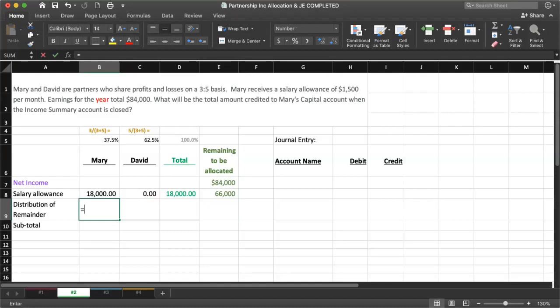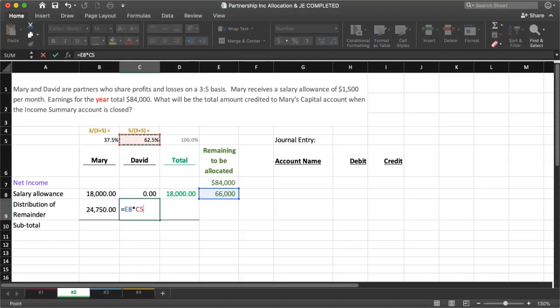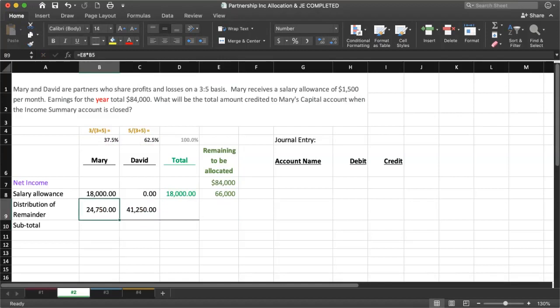So the remainder is $66,000, and Mary gets 37.5% of that. David, of the $66,000, gets 62.5% of that. So what we see is the remainder, $24,750 to Mary, and $41,250 to David.